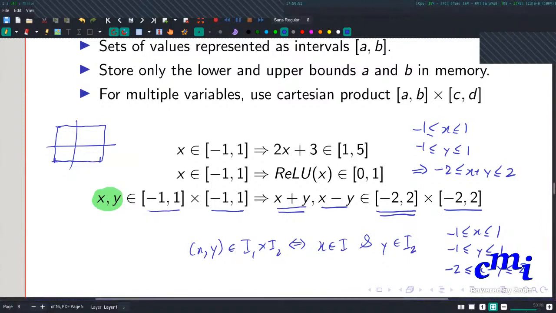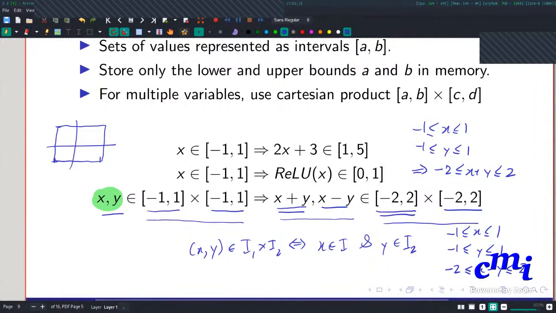So that means if x and y are in this set, then x plus y comma x minus y is going to be in this set, right? Yeah. So I hope everybody agrees that this set is actually an over approximation of the image of this set under this operation, right?